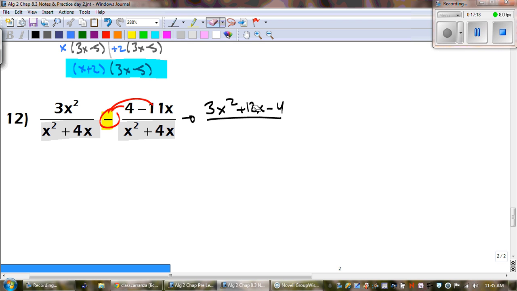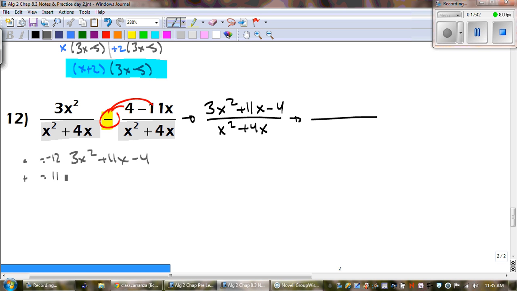Okay, not 12. I'm sorry, that's 11. I'm making things up. And our denominator stays the same. Okay? So, good luck. This 3x squared plus 11x minus 4. You're going to have to go off to the side and think of numbers that multiply to get to negative 12 and add to get to 11. Okay? Good luck.